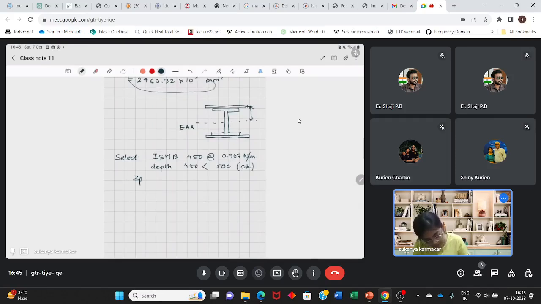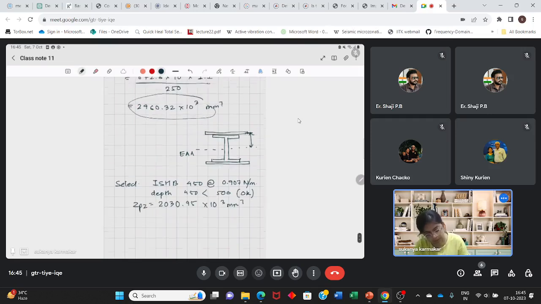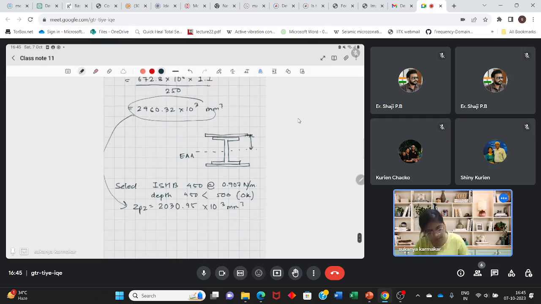But the plastic section modulus is 2030.95 into 10 to the power 3 mm³, which is less than the required value that we have. So the balance amount has to be provided by the plate.